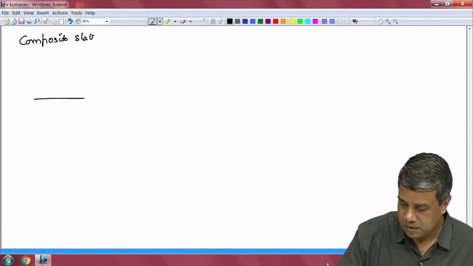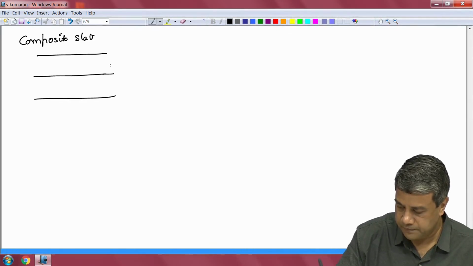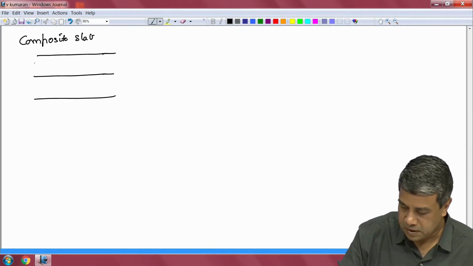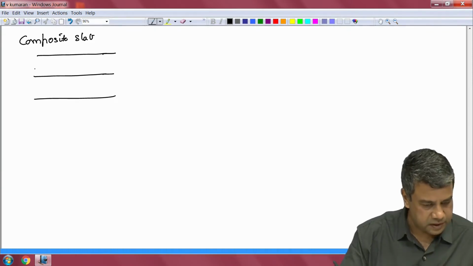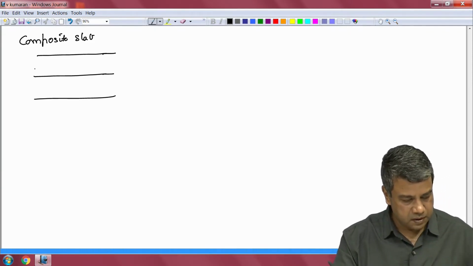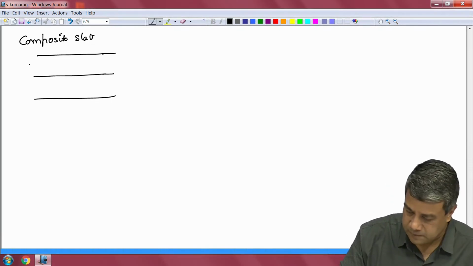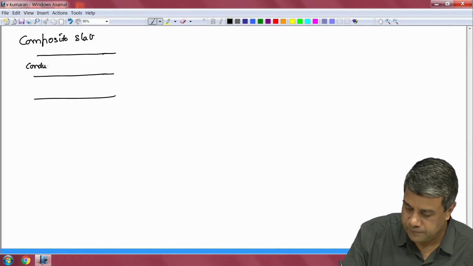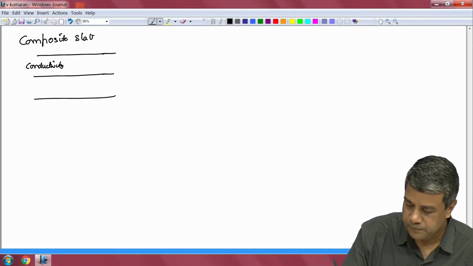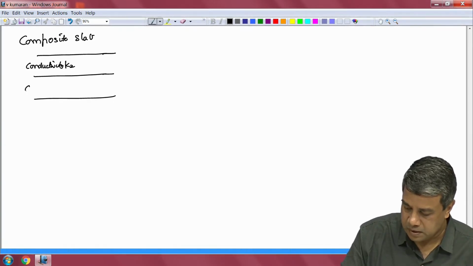Rather than having one material with one thermal conductivity, I consider materials with two thermal conductivities. So, I have a material with conductivity K2 here, and conductivity K1.